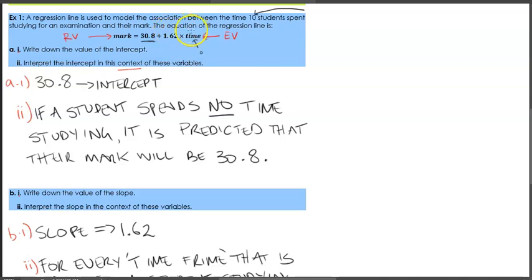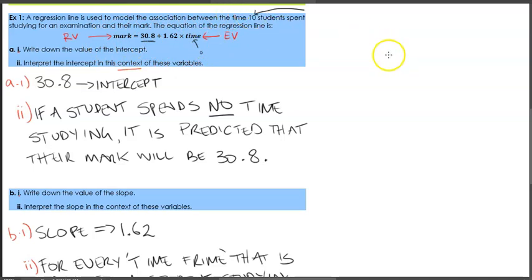So if I spend, say, 10 hours studying, I will be adding 16.2 units to 30.8, and that will give me a prediction of what my mark will be. Obviously, the more time I spend, the higher the mark will be, but this dissects it and gives us a little bit more information.